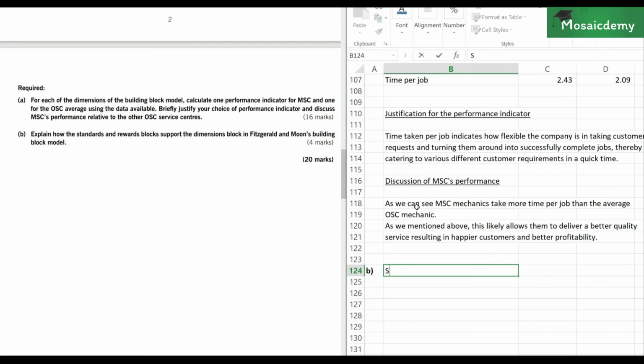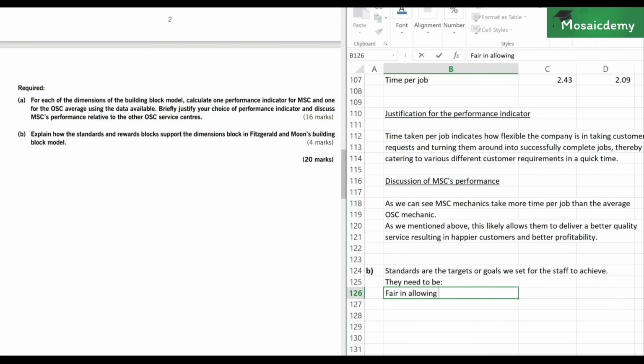So standards are the targets or goals we set for the staff to achieve. It's for 4 marks, so we can go in a bit more detail by mentioning they need to be fair in allowing us to assess the performance across all staff members.